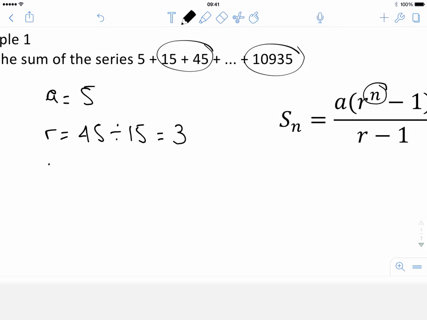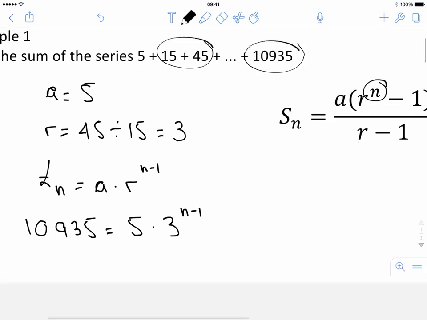Now, if you recall, the general term of a geometric sequence is t subscript n equals a times r to the n minus 1. Now the value of my term is 10,935. My initial value is 5, my base is 3, and then I have n minus 1 over here.